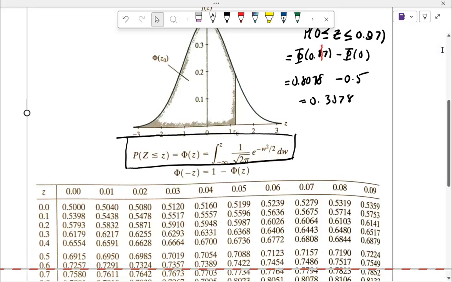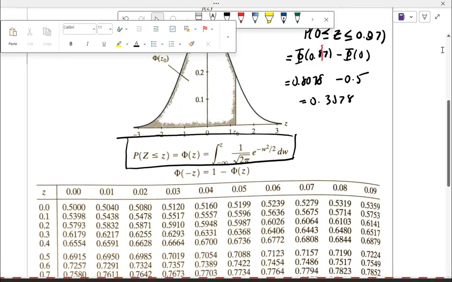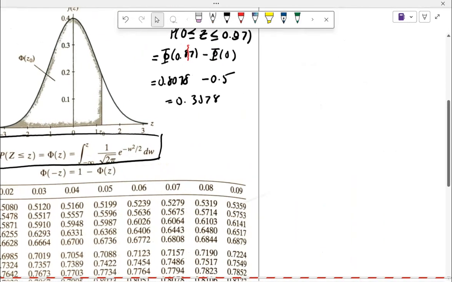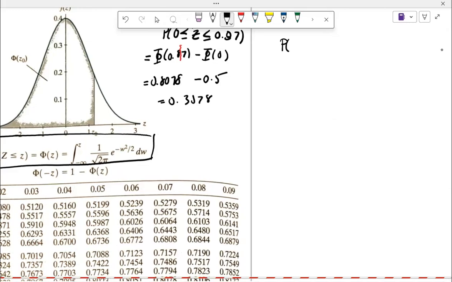Let's do the second one. So the second one was the probability that you've got negative 0.64 less than z less than 0.